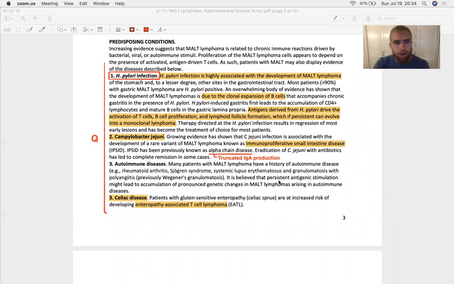Now, Helicobacter infection is highly associated with the development of MALT lymphoma of the stomach and to a lesser degree, other sites in the GI tract. Most patients with MALT lymphoma are H. pylori positive. And what's really interesting is that for many lymphomas directly attributable to Helicobacter, the cancers will just go away if you get rid of the Helicobacter.